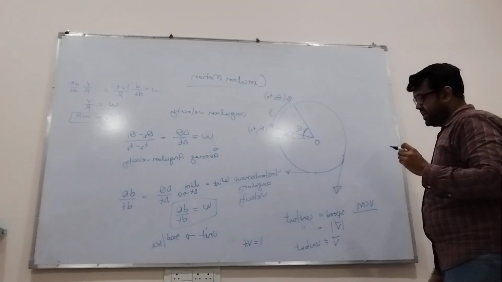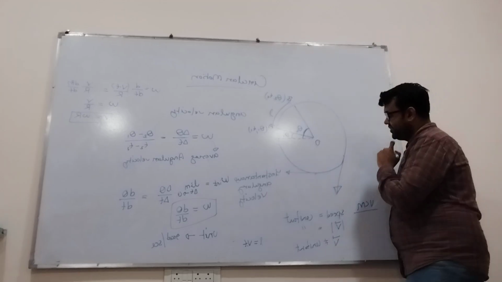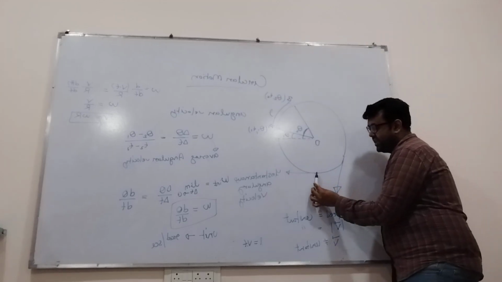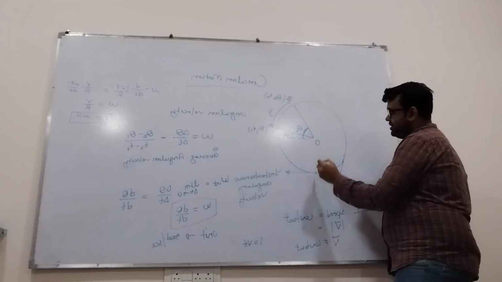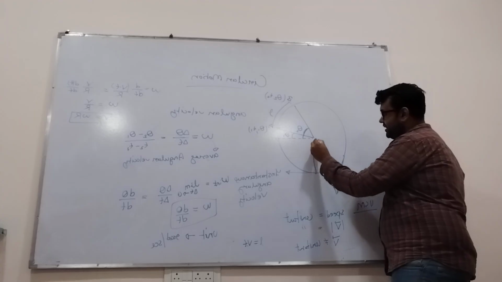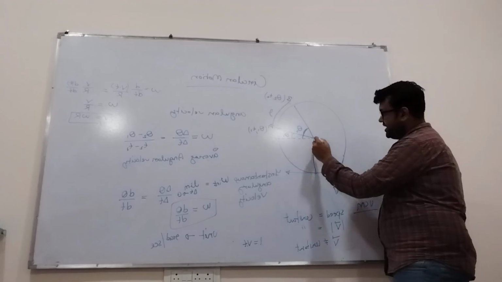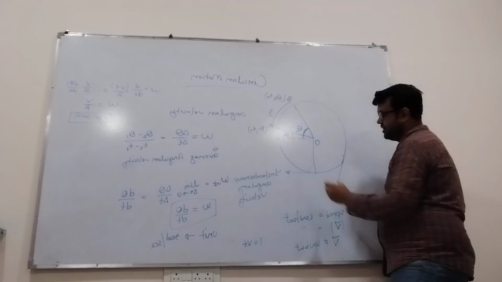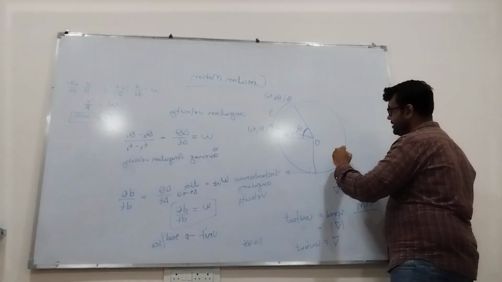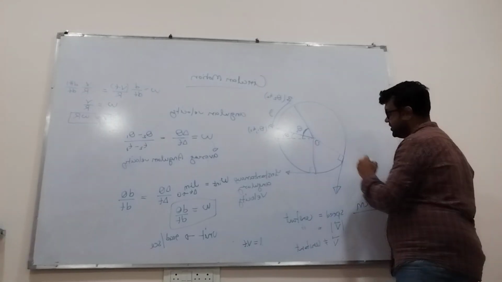You can also see here one point: when the object is moving, the direction of velocity is this, and if you join this particle with the center, you can see the direction of velocity and the radius are always at a 90 degree angle at each and every point.